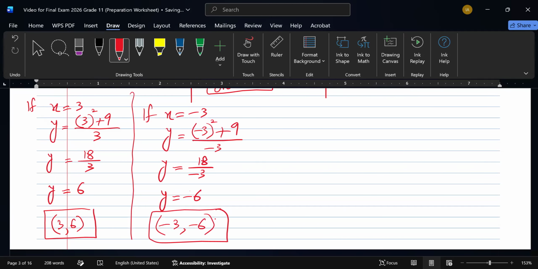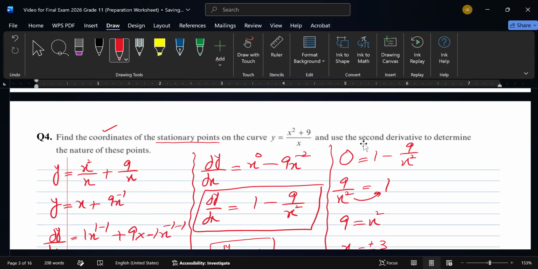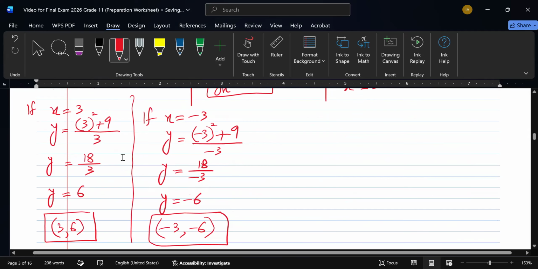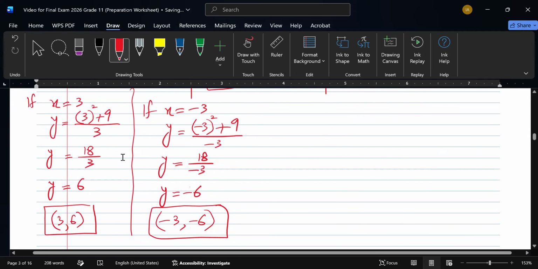But if you read the question carefully again, they mention to use the second derivative to determine the nature of these points. Yes, we have to find the nature: which point is the maximum and which point is the minimum point. And for this, we must use the second derivative.